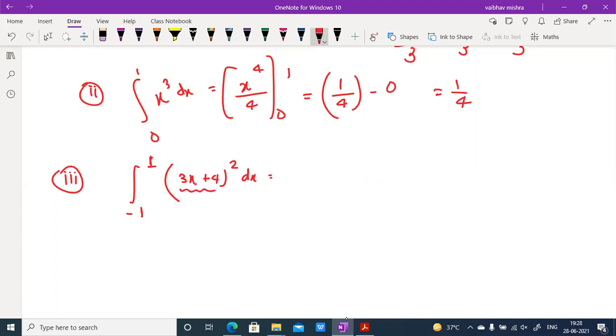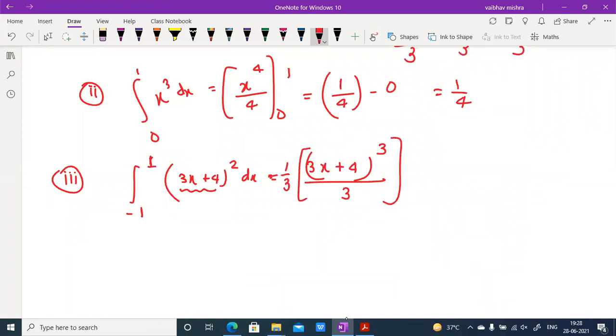If this would have been x square, integration gives x cube by 3. So 3x plus 4 whole square gives 3x plus 4 cube by 3. And this is just the integration part, and then we will divide by the coefficient.